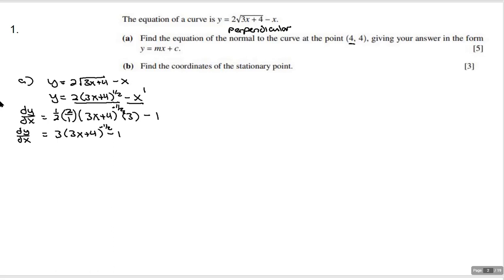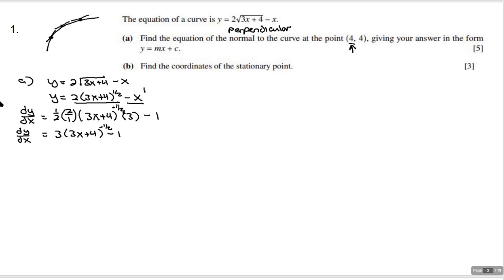What's going to happen is we're going to take the derivative and input the x value of the point where we want to find the slope. When we've got a curve, depending on the point, there could be different slopes.